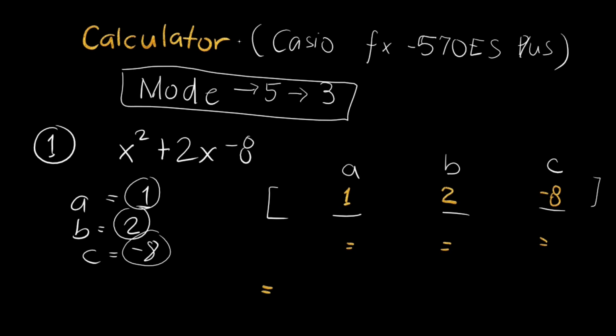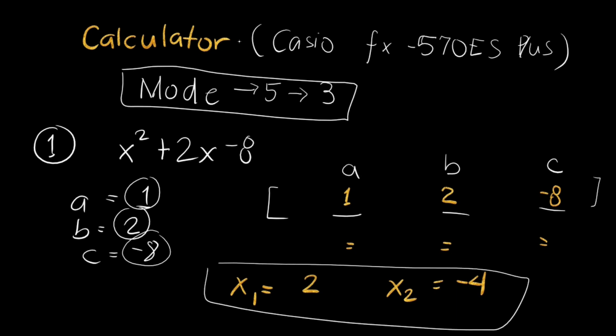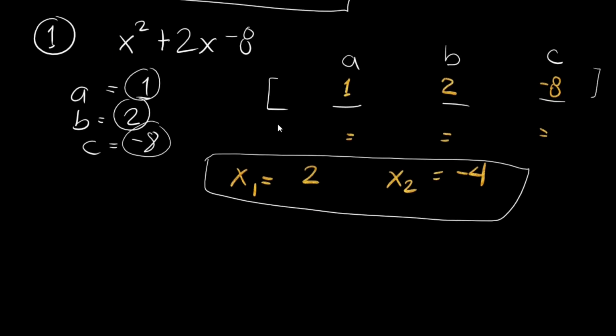Okay? At pag na-press mo na yan, lalabas yung sagot. Meron dyan lalabas na x sub 1 is equal to 2, at saka si x sub 2 equal to negative 4. So, pag chinek mo yung nakuha nating sagot kanina, yun. Sila yung dalawa. Okay? So, yan ay pan-check lang.